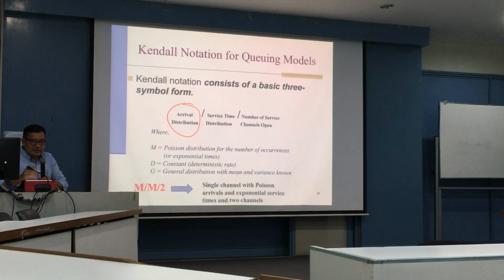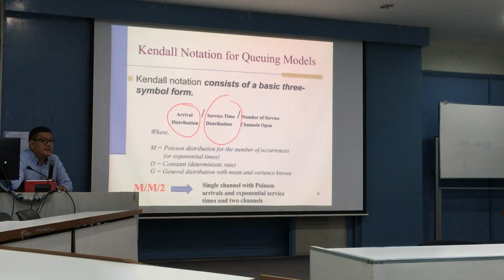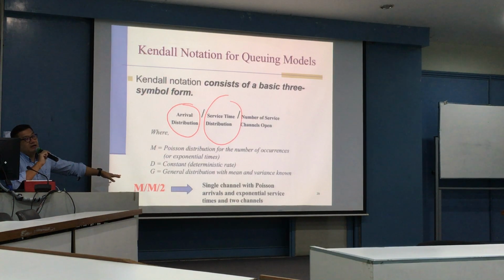The second position tells you about the service time distribution. If the service time distribution is M, it means that the service time follows an exponential distribution. If it is D, it means the service time is constant. And if it is G, it means the service time follows a general distribution.